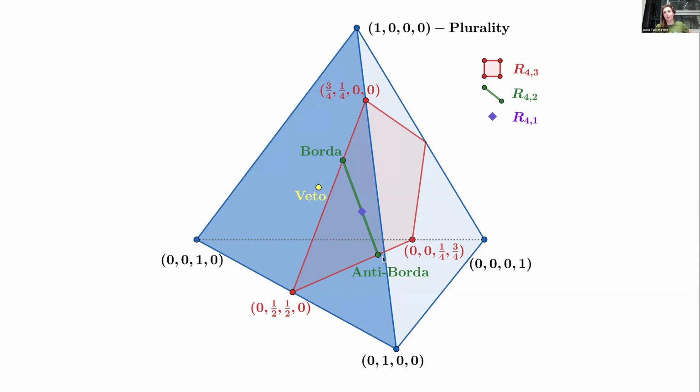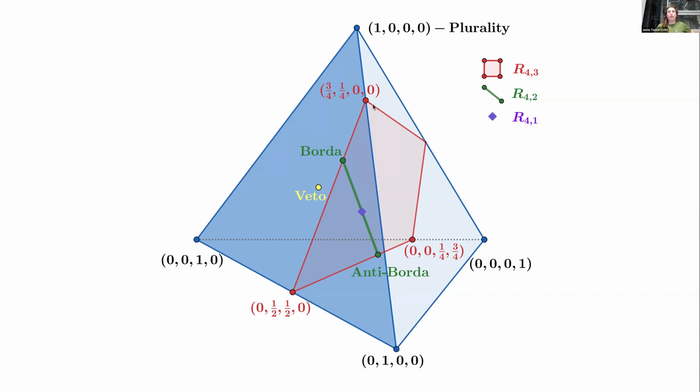That's also computable with queries of size 2. Any vector on a ray from the origin is equivalent as well. I could make another normalization and collapse this to a sphere around the center of the tetrahedron, but I think it looks nicer without doing that. All the vectors along this line are the same as Borda, and all the vectors along this line are the same as anti-Borda.